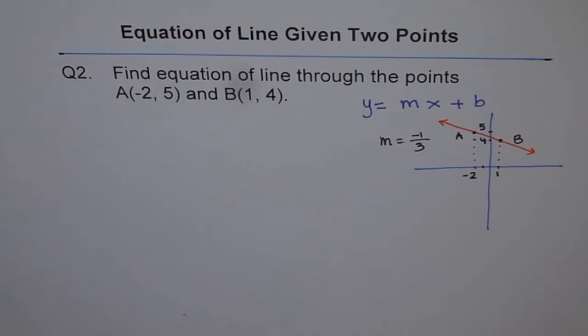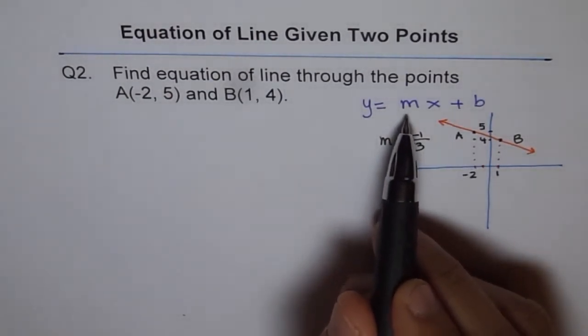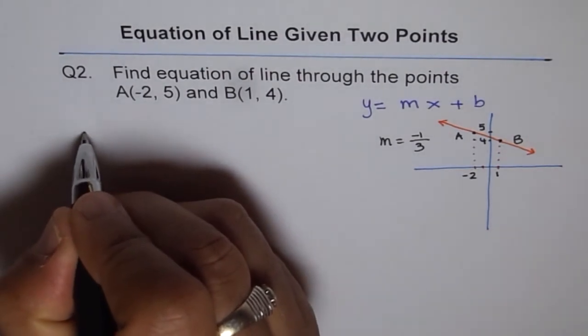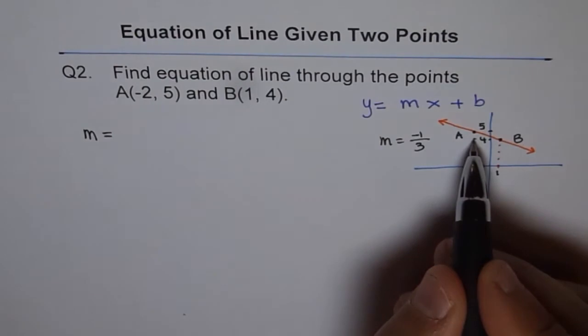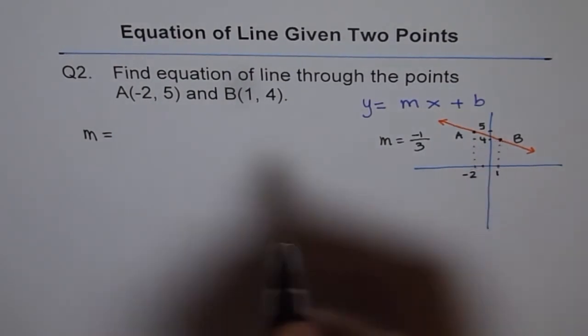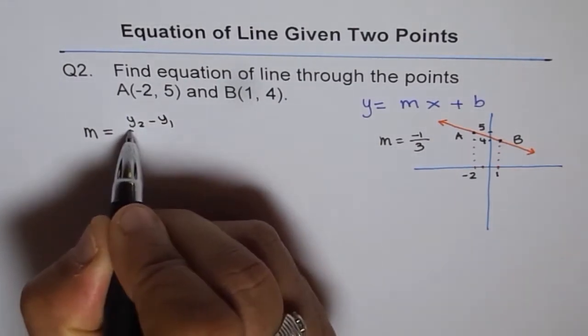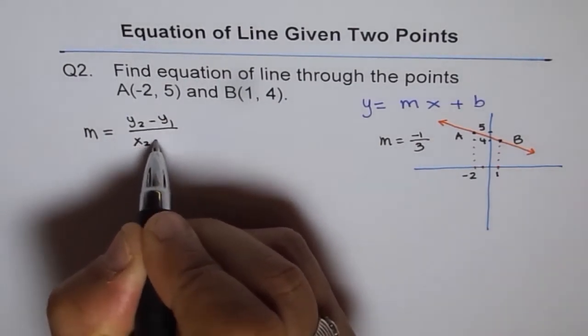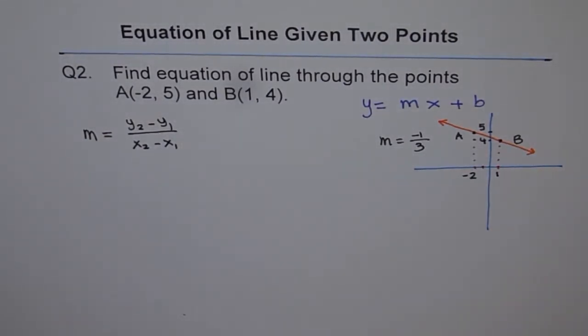Now let's figure out exactly what the equation of this line is. First we'll find the slope, that is m. Slope, as you know, is rise over run, that means change in y over change in x. So we can write this as y2 minus y1 divided by x2 minus x1. We can take any one of our points as the first point and the second.